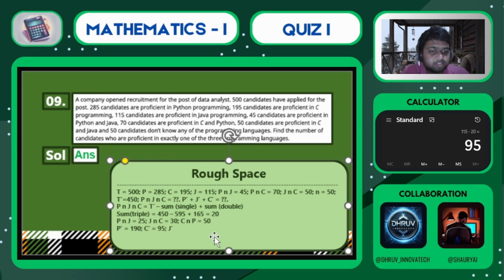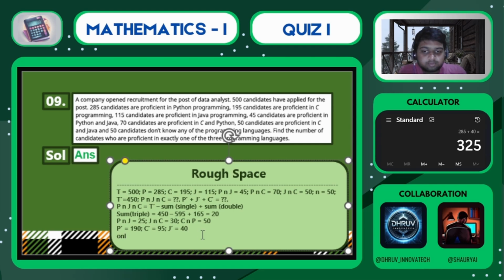And now only J is equal to 115 minus 20 minus 30 minus 25, which is 40. Therefore, 190 plus 95 plus 40 is 325.